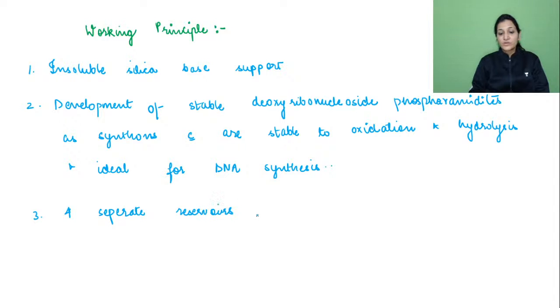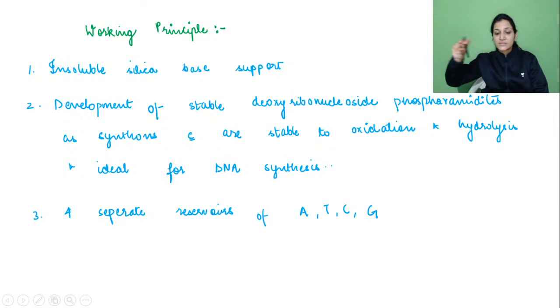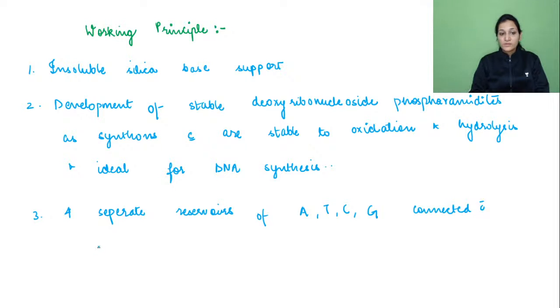Four separate reservoirs of A, T, C and G are connected with a tube to a cylinder packed with small silica beads.